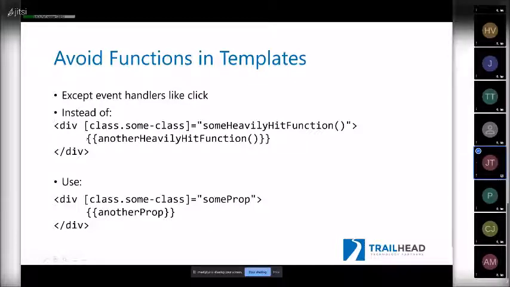So what's going to happen in this case is that every time Angular runs the check to see if anything has changed, it's going to have to rerun these functions, because there's really no way for Angular to know whether these functions are deterministic or not, whether they will return a different result if it reruns them.